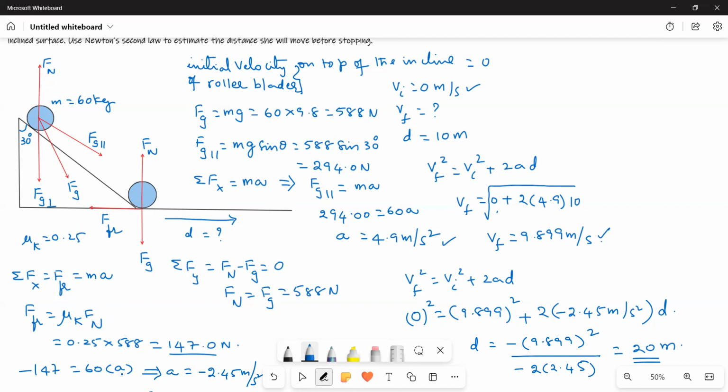Then friction is equal to ma, and from that I found the deceleration. With the initial velocity and acceleration known, I can find d, and I got d is equal to 20 meters. This is the answer for this question.